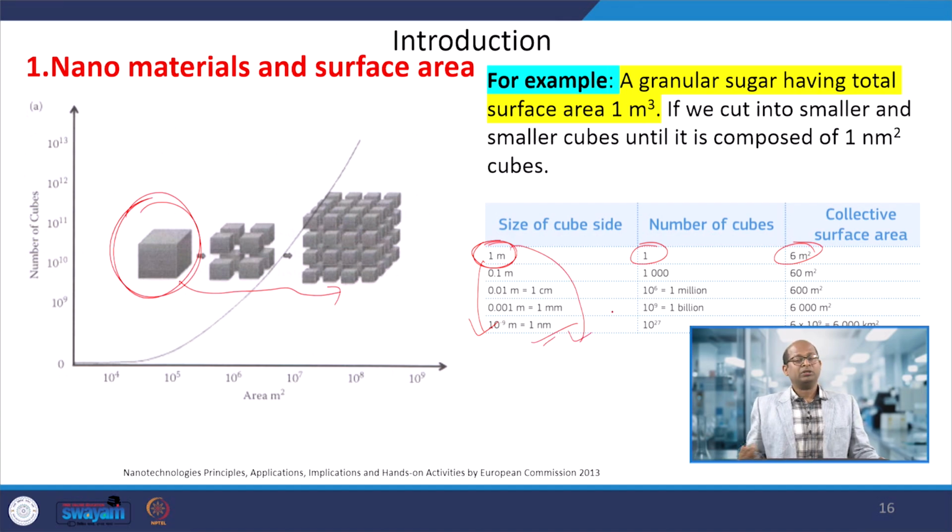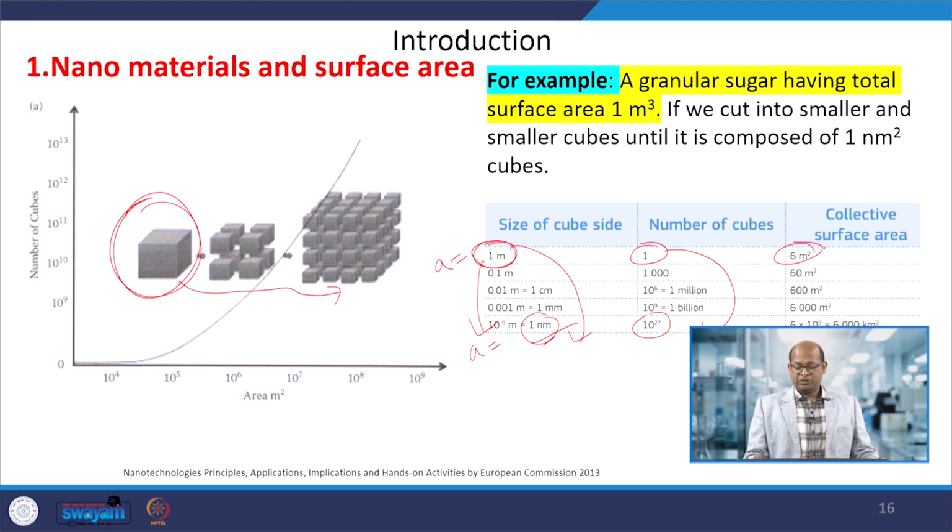Initially the bigger particles were 1 meter in dimension on one side. Then they could be converted into smaller particles with dimensions of 1 nanometer. Initially it was 1 cube, then it would be converted into 10 to the power 27 cubes.